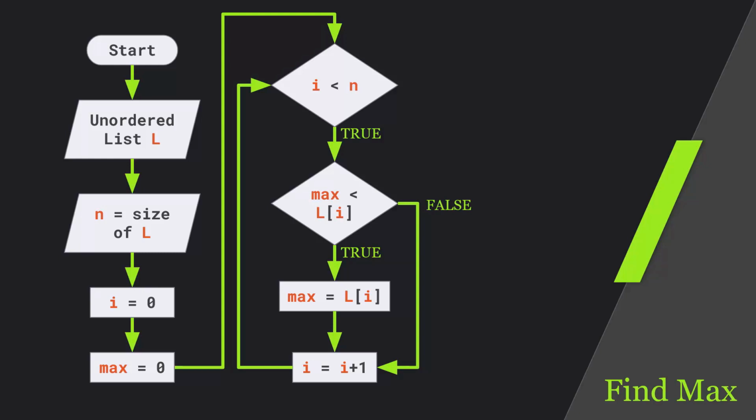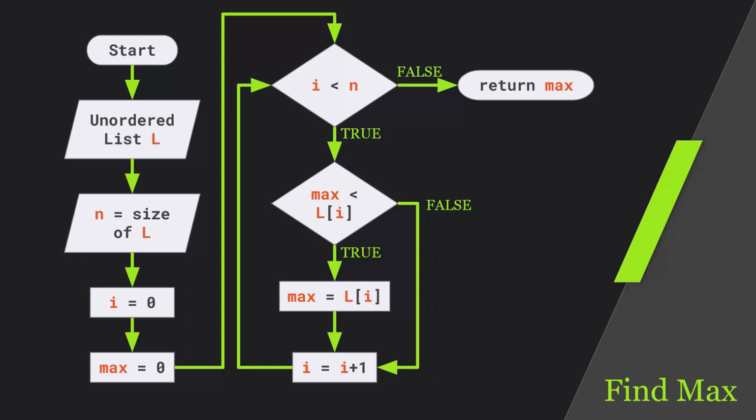And then we're going to go back up to the top decision point, and we're going to say, is I less than n? If that's true, we'll continue on and keep looping until we've exhausted all the elements in the list. And when that becomes false, we know that we found the max, and so we're going to return the value. So there's a couple things I want to point out here.